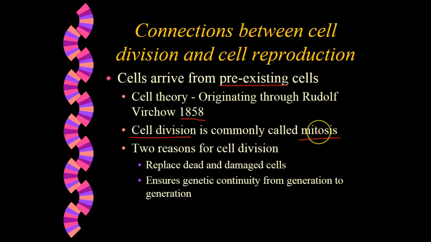Mitosis is specifically the division of the nucleus. So mitosis is a process in which the chromosomes are duplicated essentially and then split evenly. Cells can divide the nucleus and not divide the cell.